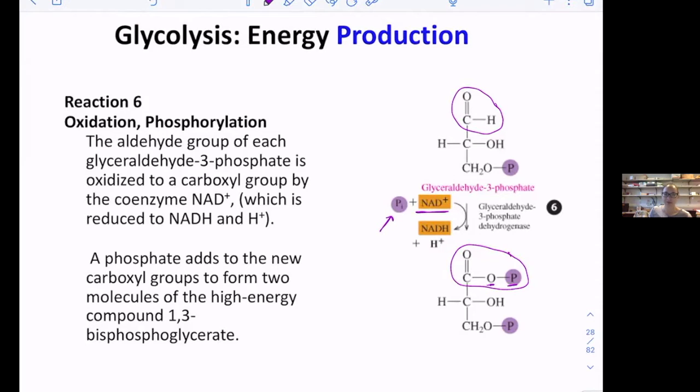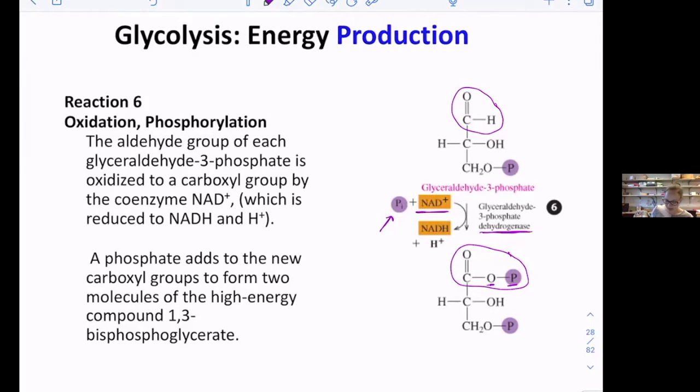The enzyme for this is a dehydrogenase. Dehydrogenase, meaning we're taking hydrogen away, that couples with the NAD+ coenzyme. So the NAD+ is what actually accepts that hydrogen so that the enzyme catalyst can make sure it keeps its same structure.